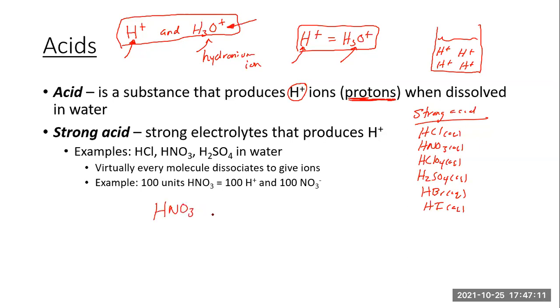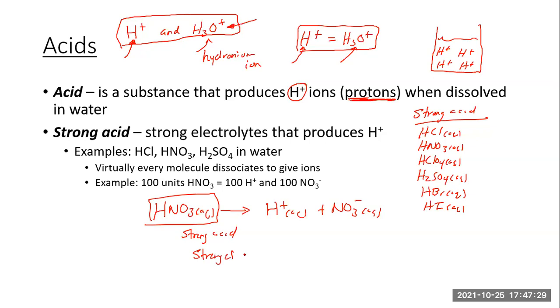This is a strong acid, which means it's really a strong electrolyte, like we talked about. If you remember, electrolytes, especially strong electrolytes, will 100% break apart in solution, which means in that solution you have 100% those ions floating around.